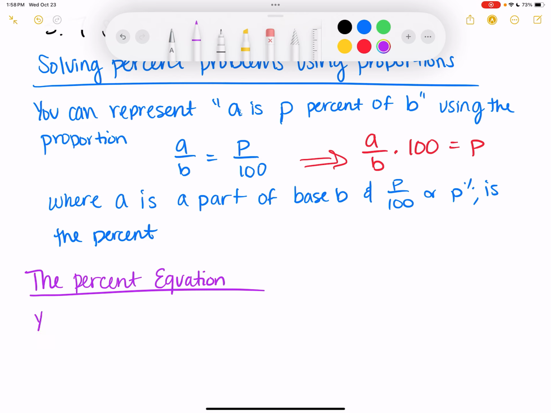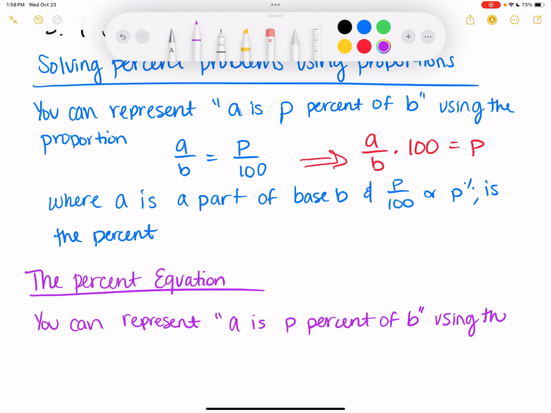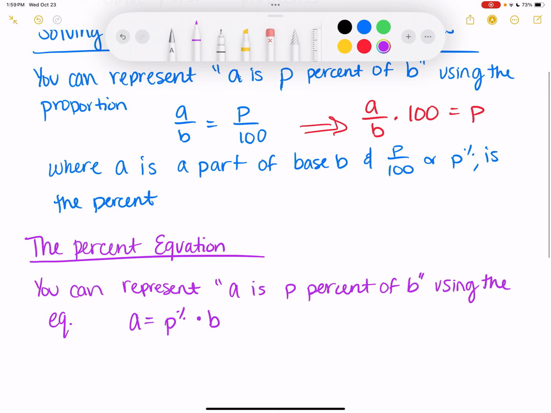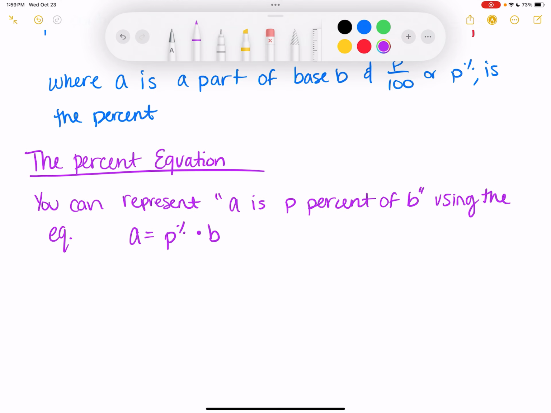So the percent equation, you can represent A is P% of B using the equation A equals P% times B. Again, this is just a manipulation of the formula you've already had, written a different way, where A is part of base B and P% is the percent.